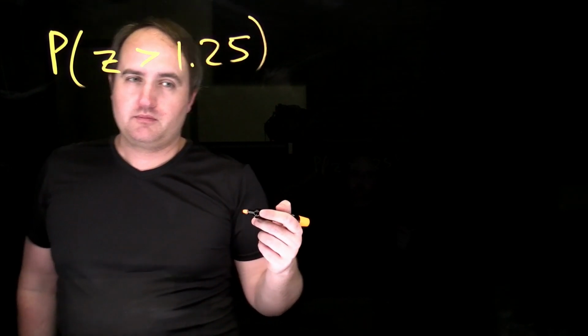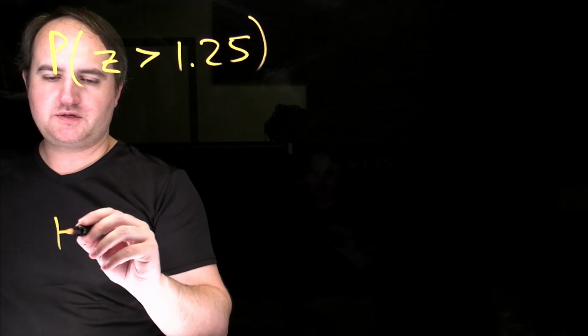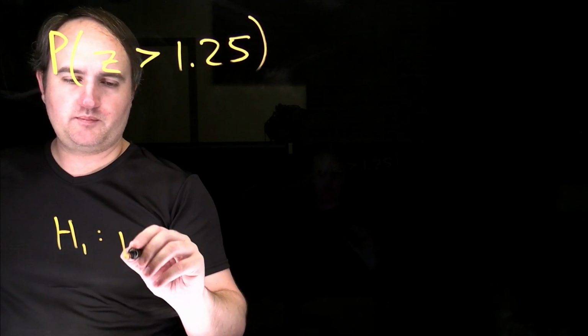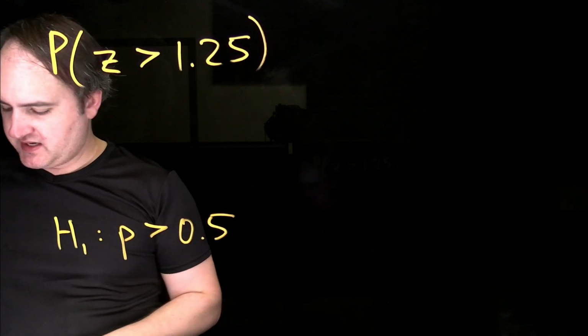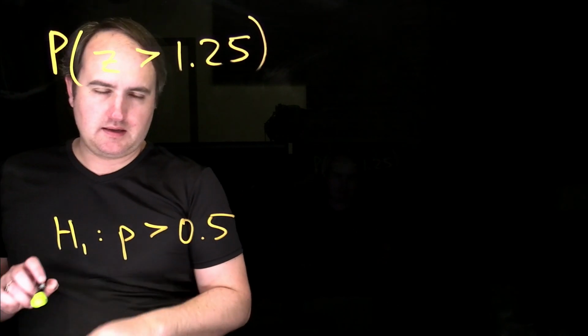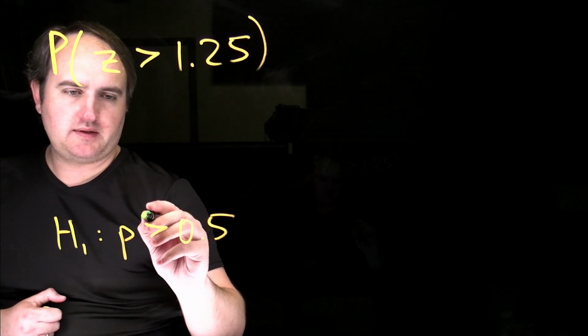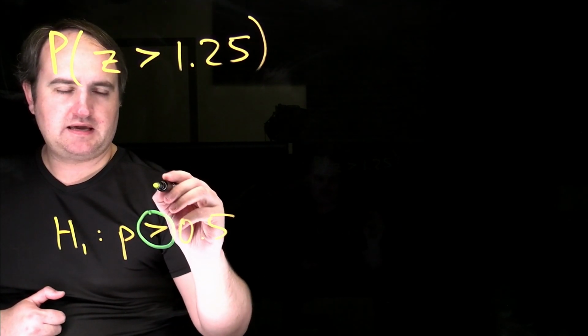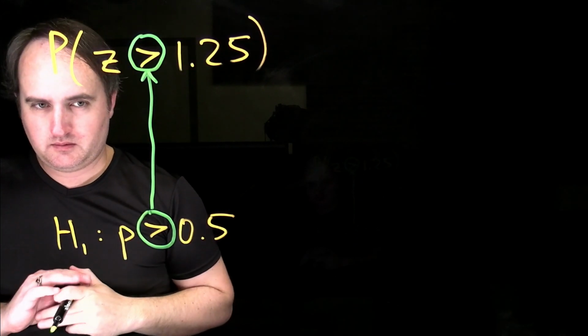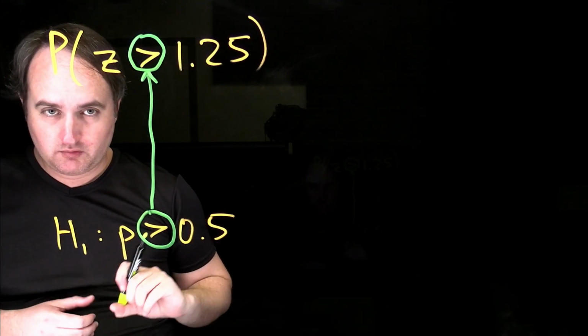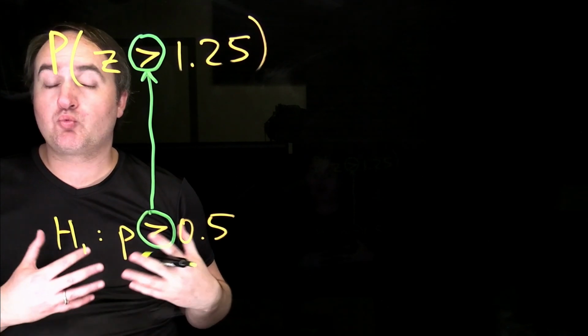So going back to that, remember H1 involved p is greater than 0.5. So because that involves a greater than, this greater than here just gave us this greater than up here. Okay? And like we were just saying, greater than corresponds to a right-tailed test.